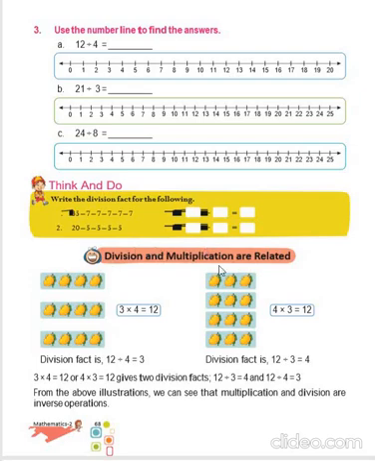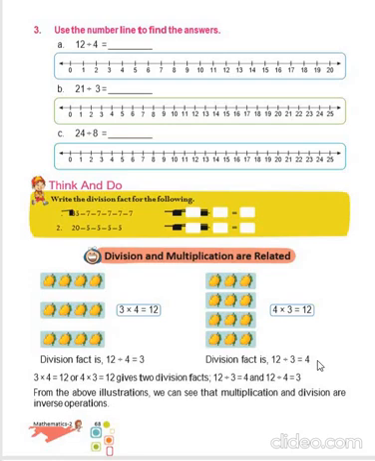Division and multiplication are related. 3 into 4 is equal to 12. 4 into 3 is also equal to 12. Division facts are 12 divided by 4 is equal to 3, or 12 divided by 3 is equal to 4.